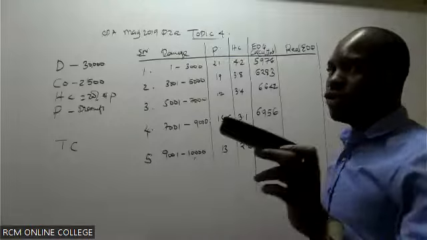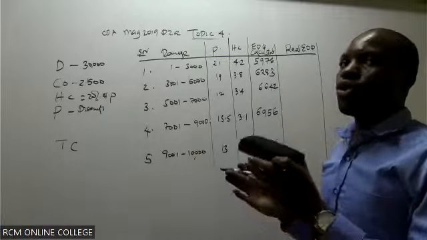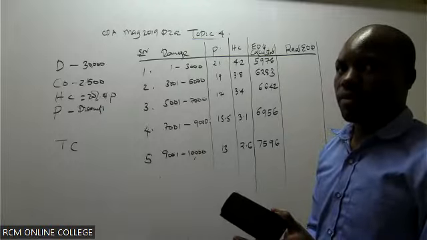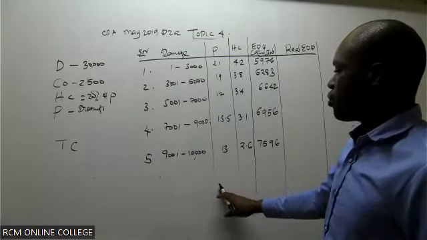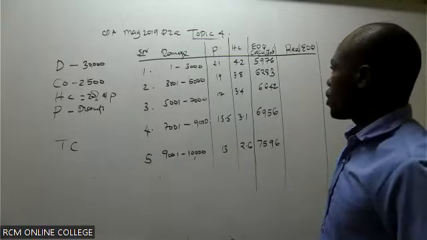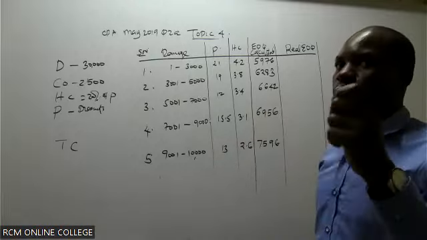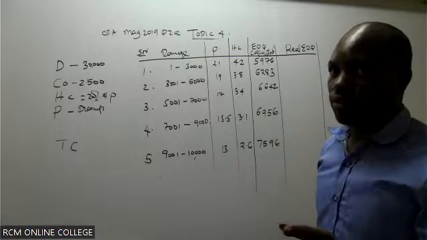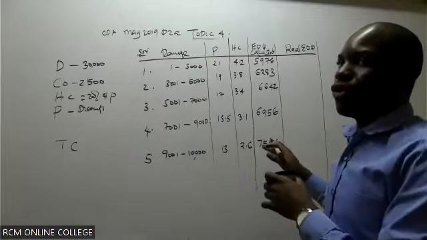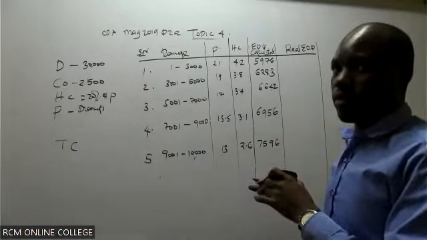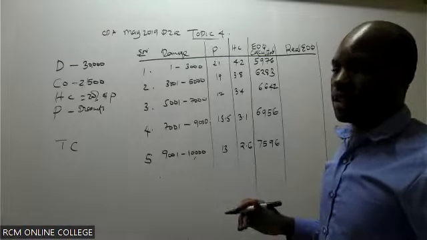I've said you are allowed to order goods that are above the range or within the range. Or in other terms, you are not allowed to order any goods below the economic order quantity. You either order the economic order quantity or you order above it.